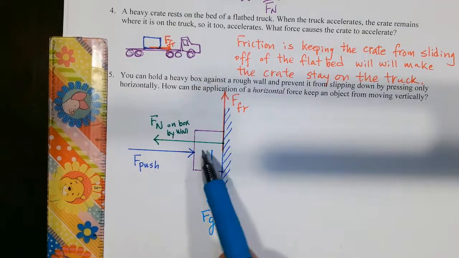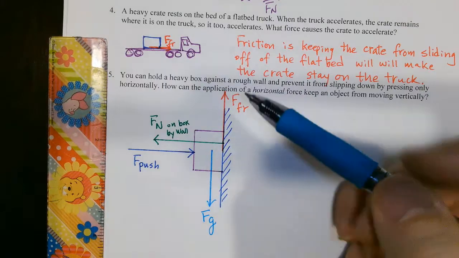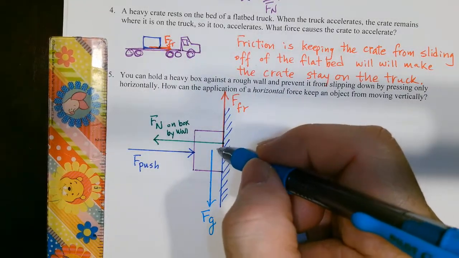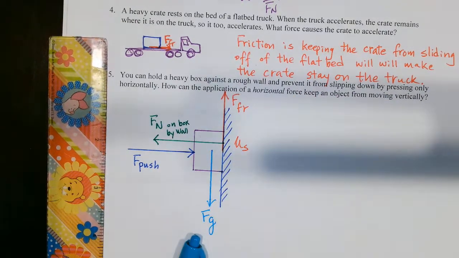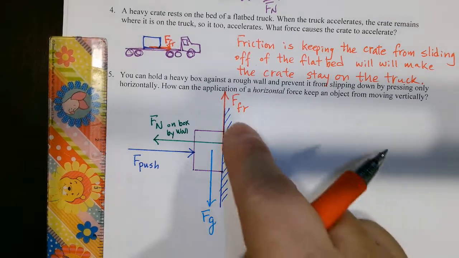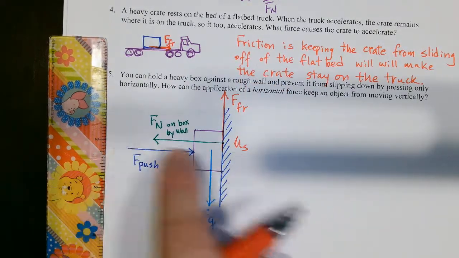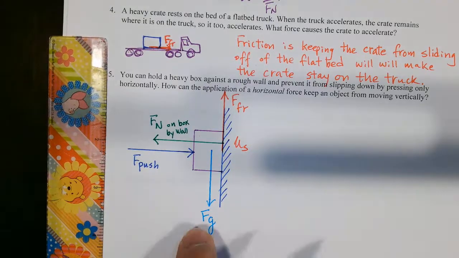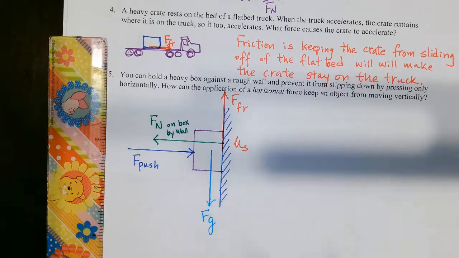So as long as this normal force creates enough friction caused by the wall and the box, which is mu sub s, right? That's greater than or equal to this Fg. So if the frictional force can be created by the normal force times mu sub s greater than or equal to Fg, then your frictional force will keep this box from sliding vertically.